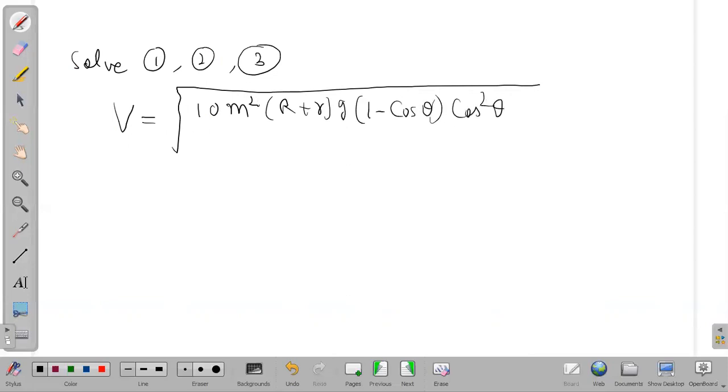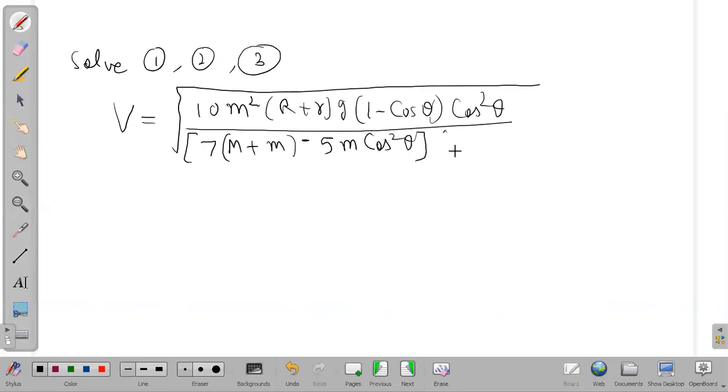That is the term in the numerator, and in the denominator you will have a bigger expression, something like this: 7 capital M plus small m minus 5 small m cos square of theta, outside which it is capital M plus small m. That is the velocity of the hemisphere.